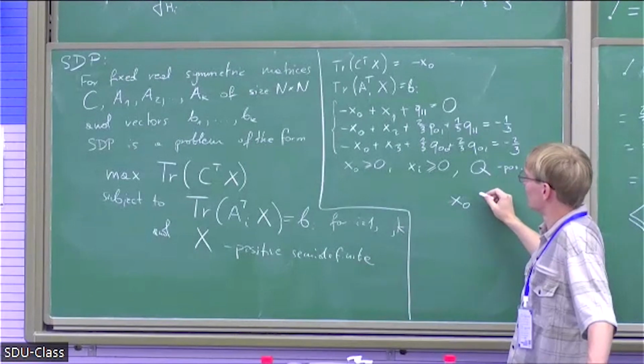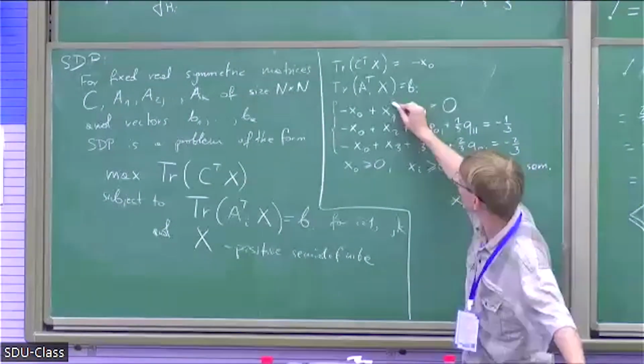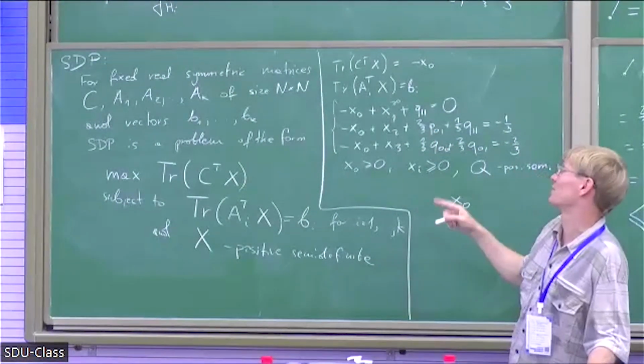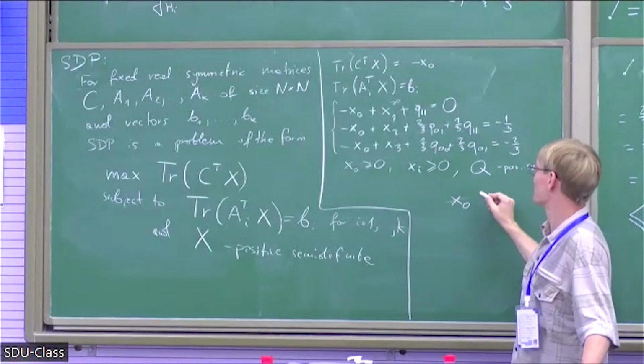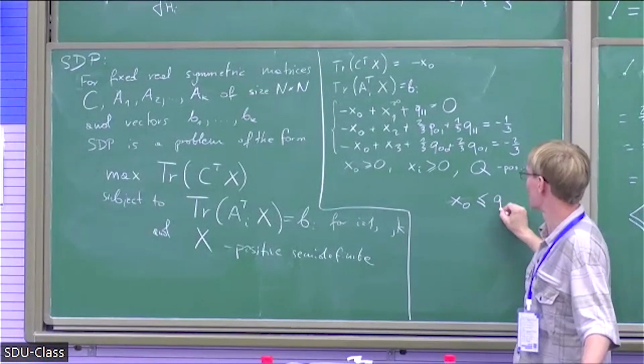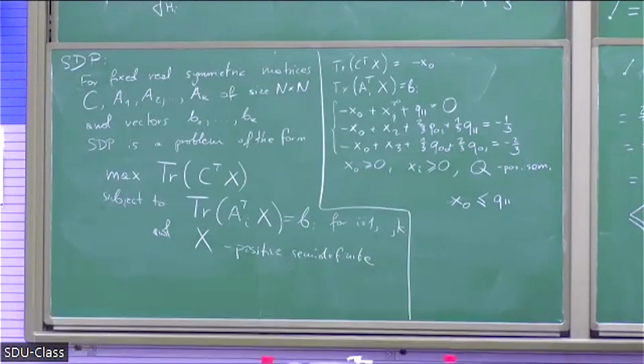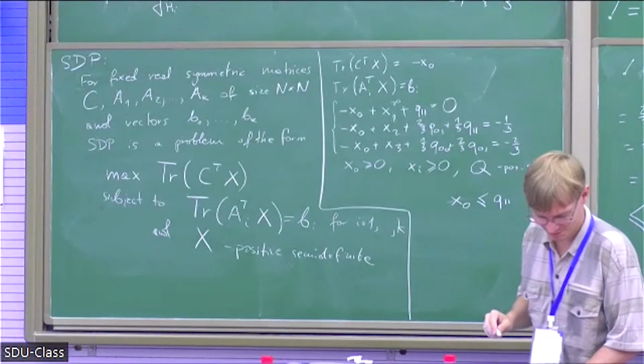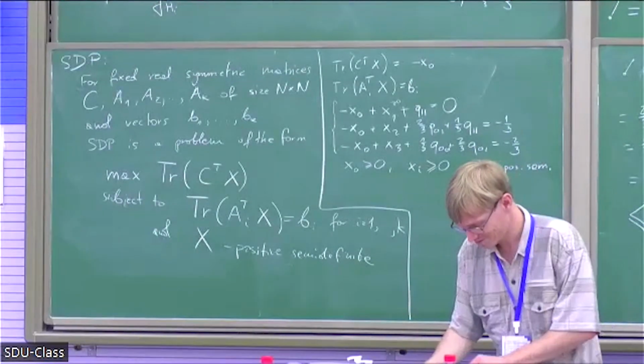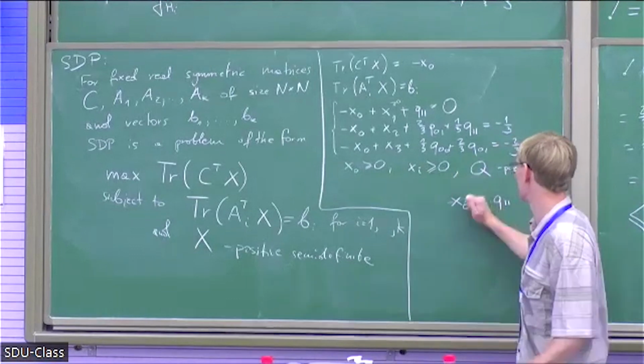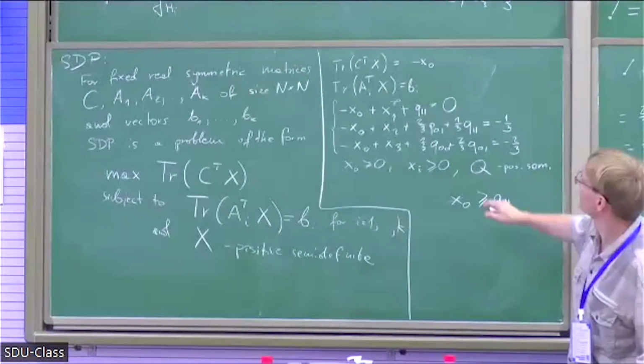I put that this is at least 0, so I get x0 is at most Q11, or a different way. No, at least. Right?